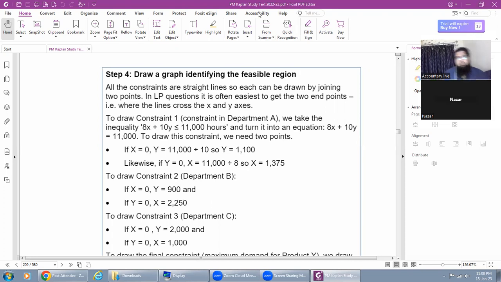Clear? Now we need the values of x and y to plot on the graph. Suppose x is 0, then y equals 11,000 divided by 10, so y is 1,100.